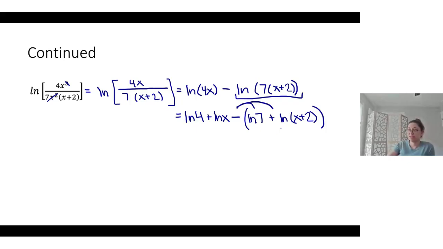We expanded it with addition, but we have to remember to distribute that minus sign. So this really becomes the natural log of 4 plus the natural log of x minus the natural log of 7 minus the natural log of x plus 2. So both of these are negative because they both started in the denominator.